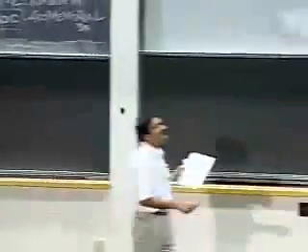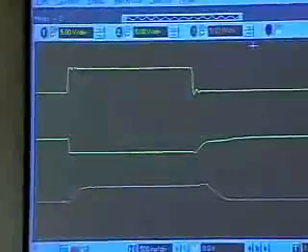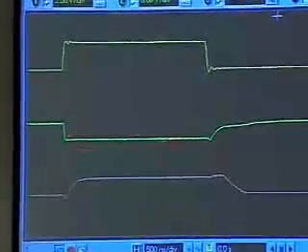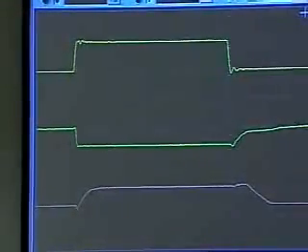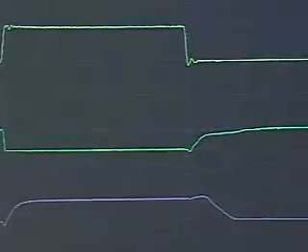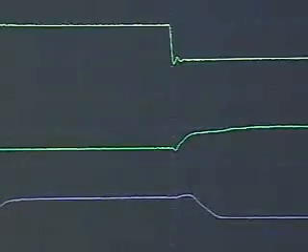So what we're going to see is that the yellow waveform is the waveform at the input here, and the green waveform here is the waveform at this intermediate node. Notice that this waveform is characterized by the slowly rising characteristics that's typical of an RC circuit.